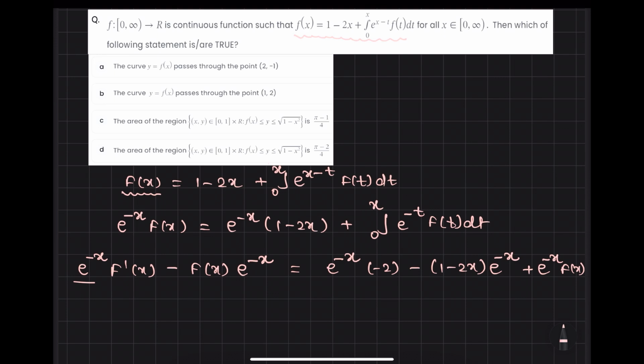If you observe, you have e power minus x with all the elements, so we can take it common and cancel it. We will be left with f dash x minus f of x is equal to minus 2, and then minus 1 plus 2x plus f of x.